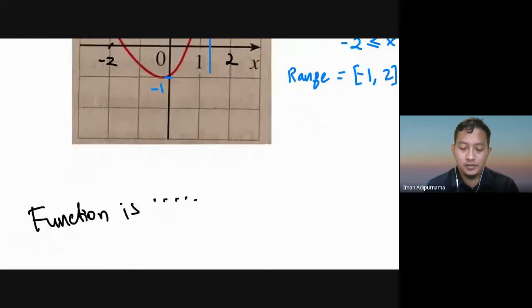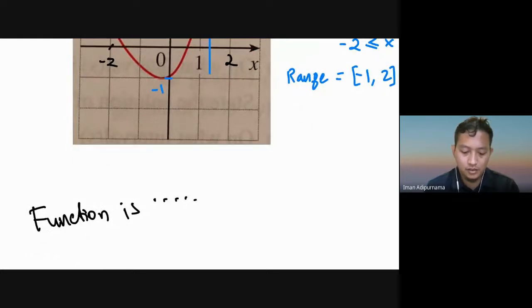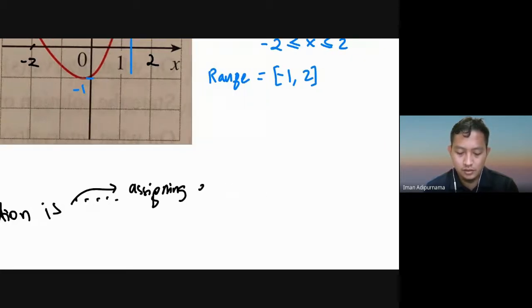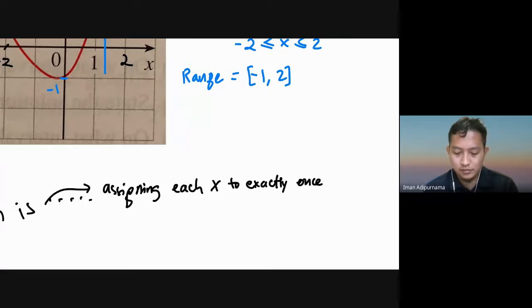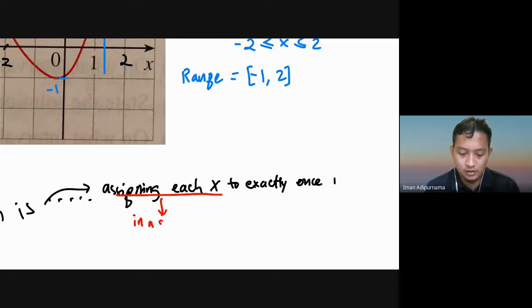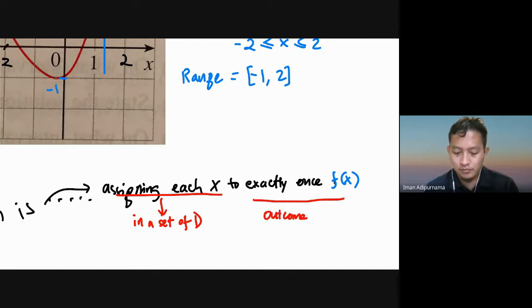Okay, so a function will be assigning each x in a set, the domain, exactly once, and the result, the outcome, is the range, right?